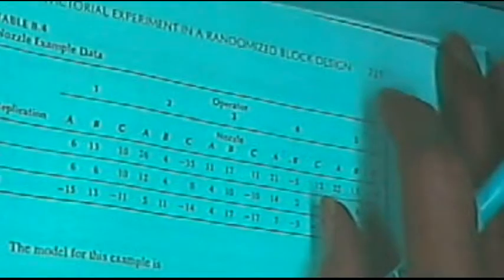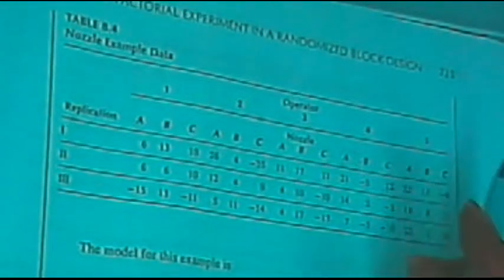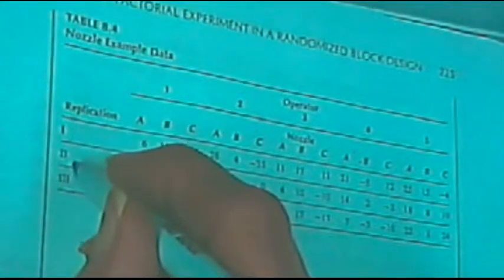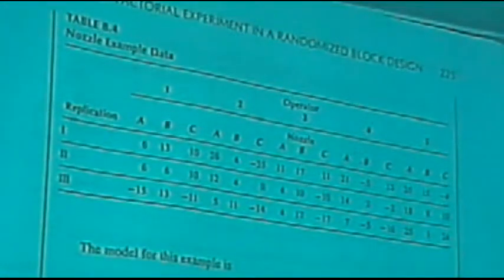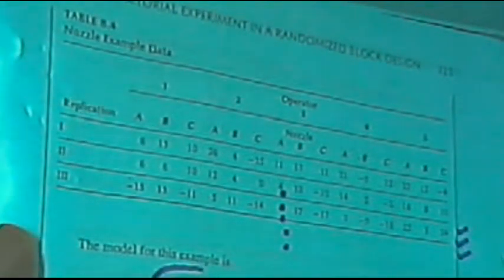We have 5 operators, we have nozzles A, B, C, A, B, C, A, B, C, etc., and then we have replications 1, 2, and 3.